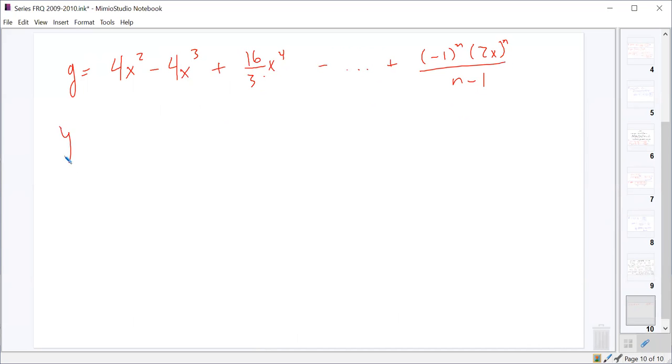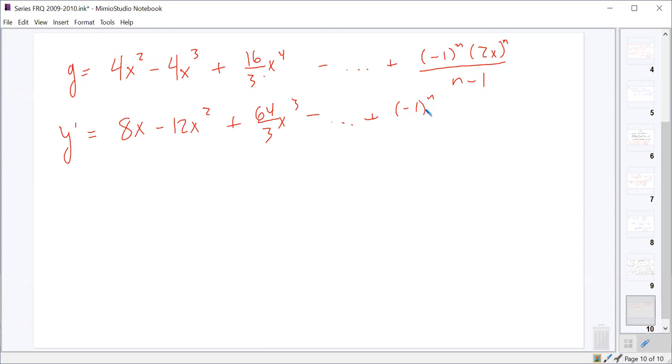Okay, so then what's y prime? Y prime ought to be 8x minus 12x squared plus 64 thirds x cubed and so on, right? And what's the general term of that look like?